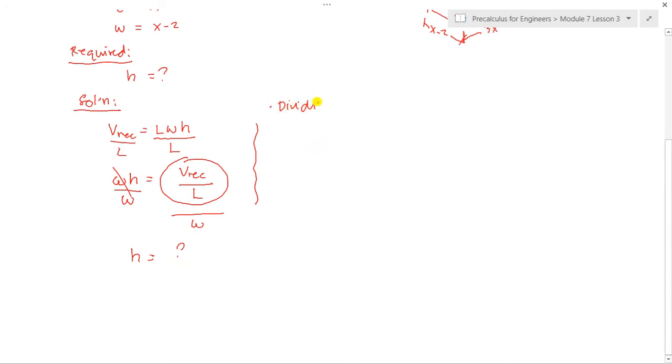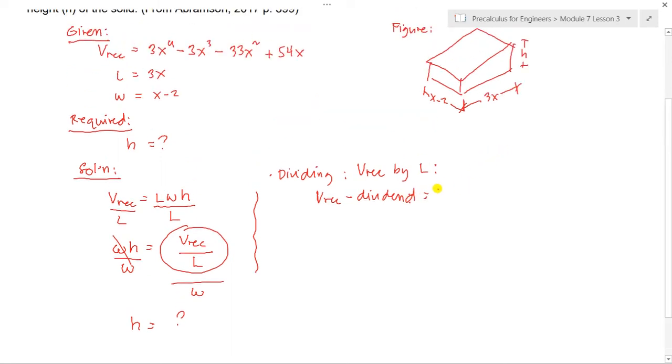Dividing the volume of the rectangle by the length. In dividing that one, consider that the V rectangle is our dividend, which is 3x to the fourth minus 3x cubed minus 33x squared plus 54x plus 0.